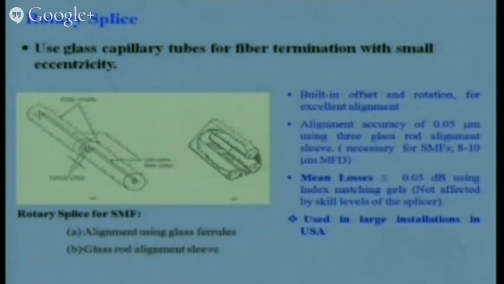Here it has a built-in offset and rotation for excellent alignment. Alignment accuracy of 0.05 micron using 3 glass rods, and loss may be very small, maybe 0.03 dB using the index matching gel. Here you can also use the index matching gel, because rotation is there. So that is the rotary splice.